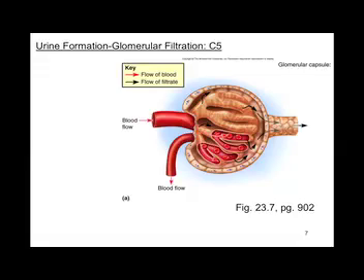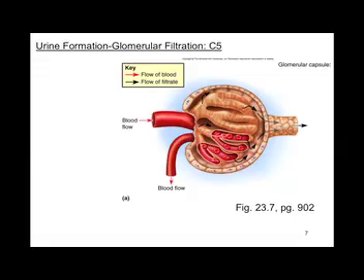Now, we can change the filtration rate. The nervous system and other hormones can change the filtration rate. So we're getting more or less than 125 milliliters a minute, depending on what we're doing. There are several mechanisms that allow changes in that filtration. I'm just going to mention them right now, since we're talking about filtration.